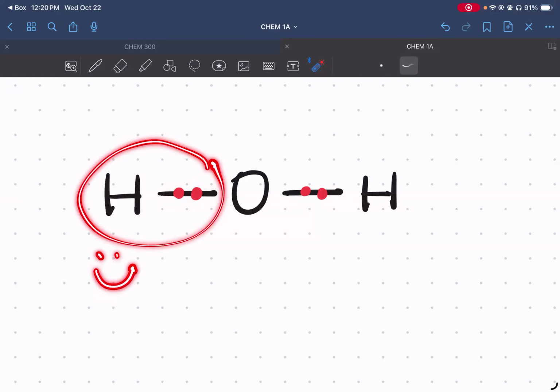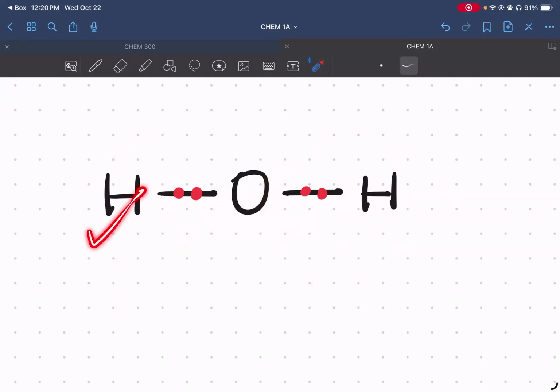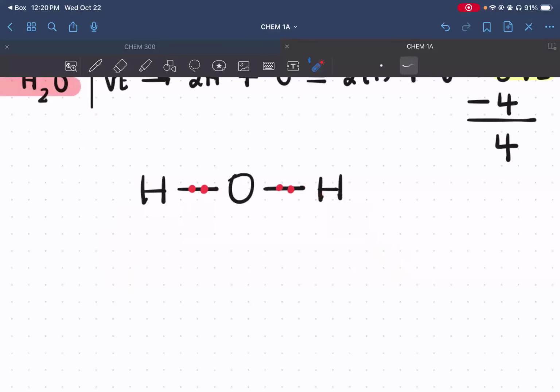You can apply the exact same logic to the hydrogen on the right, where again, it currently has access to 2 electrons, aka a full octet. So the outside atoms are now happy. We will then assign any leftover electrons, the 4, to the central atom.